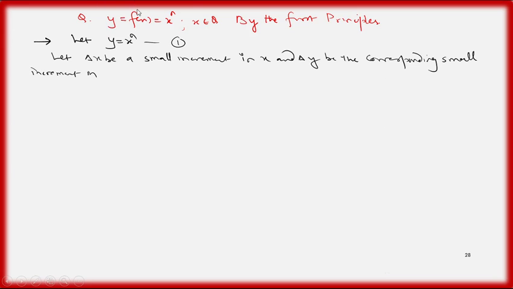Okay, now y equal to f of x equal to x to the power n, x belongs to Q, that is rational number. By the first principle, we have to find the derivative of this. For this, let y equal to x to the power n, that first equation we have supposed. Let del x be a small increment in x and del y be the corresponding small increment in y.